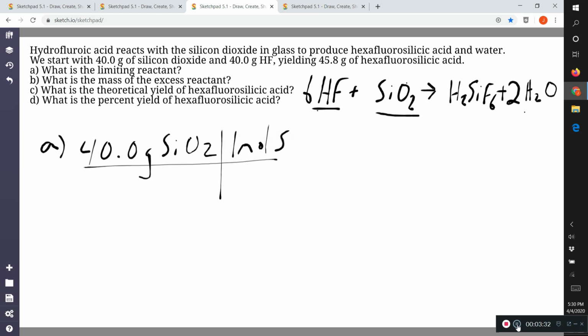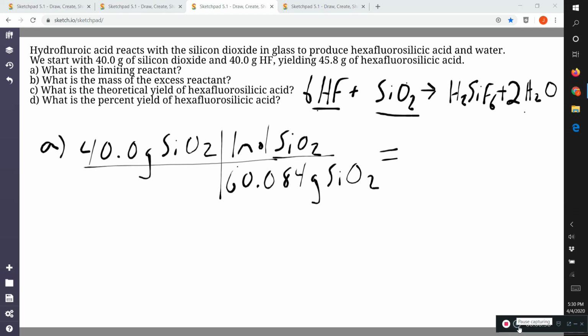Again, we add up 1 silicon and 2 oxygen off our periodic table, and we get 60.084 grams of silicon dioxide. When we do this calculation, we get 0.666 moles of silicon dioxide.